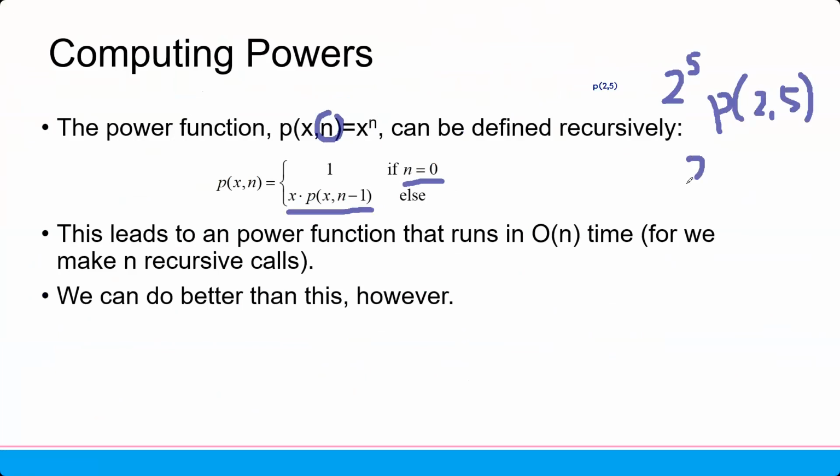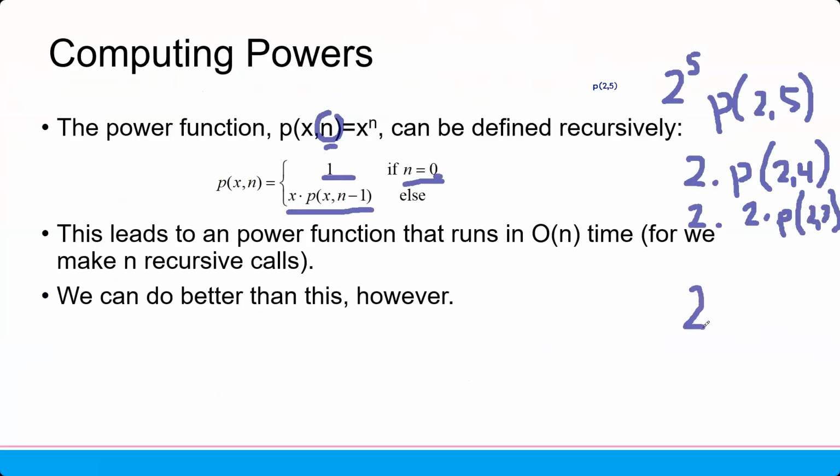Then it will be 2 multiplied by p(2, 4), and then again 2 multiplied by 2 multiplied by p(2, 3), and so on. When n is 0, then it will be 1. So 2 to the power of 0 is 1.